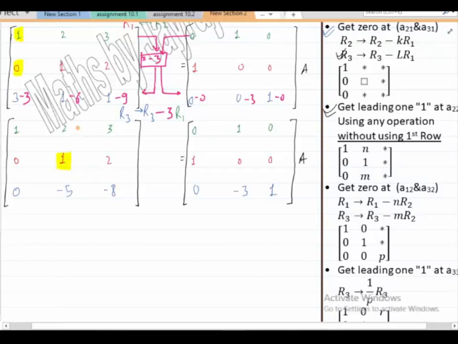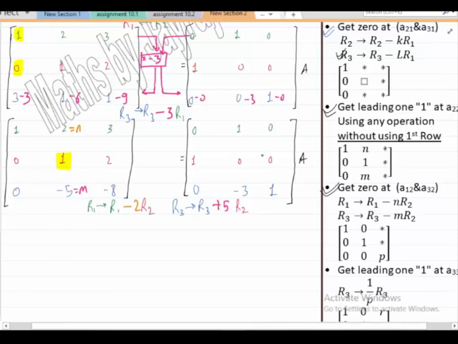Now we should move to the next step, in which we need to get 0 at A12 and A32 by the operations R1 gives R1 minus 2R2, and the second operation will be R3 gives R3 minus m, or we can say plus 5 R2.